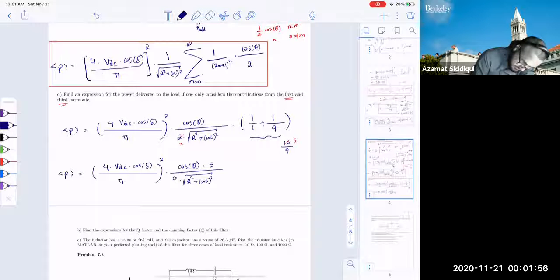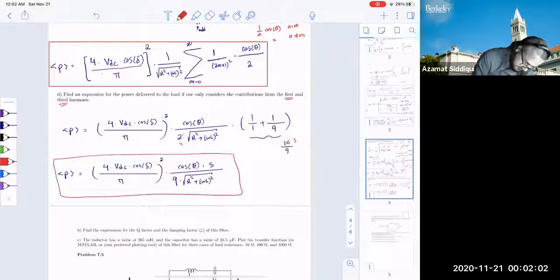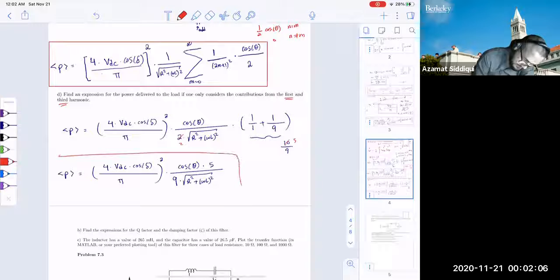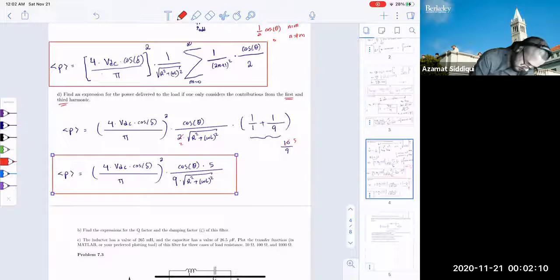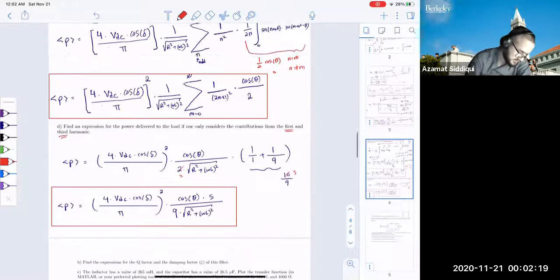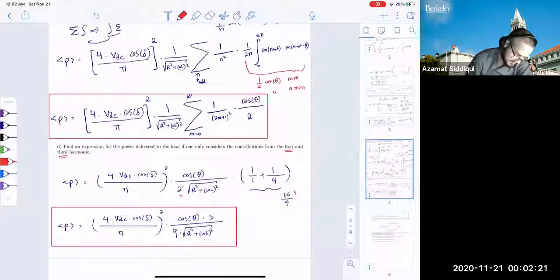So let's box this up. So that is when we're taking only contributions from the first and third harmonic, and the previous expression was for all the harmonics.